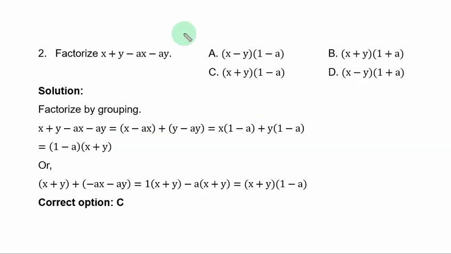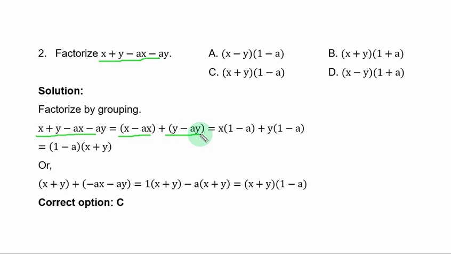Question 2. Factorize sx plus sy minus ax minus ay. This is factorization by grouping. You have the given expression. You take the first and third term as one group, second and fourth term as the second group.